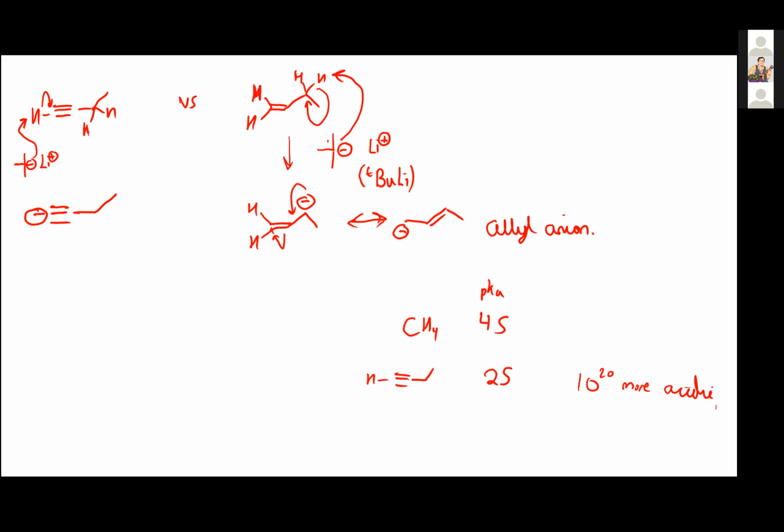That's a lot more acidic. And the reason for that is this is in an sp orbital. And an sp orbital looks a lot more like an s orbital than a p orbital. It looks 50-50. It looks more like an s orbital than an sp3 orbital.